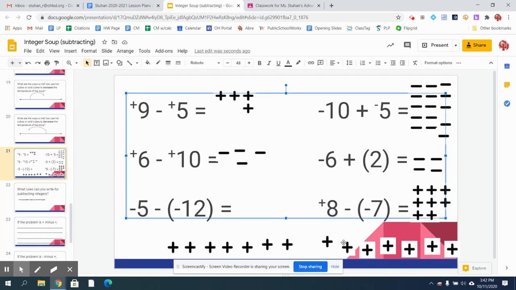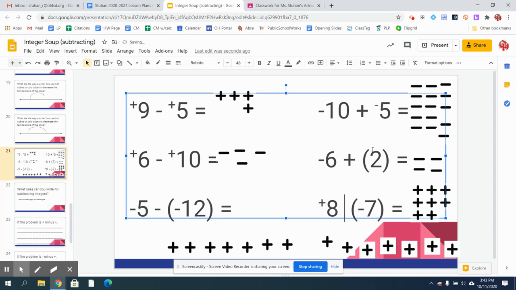And then one more example of that, if we take positive 8 or 8 hot cubes and subtract negative 7. Remember, we had to add a bunch of 0 pairs in order to get enough negatives to subtract. Well, if we had known the rule before, we could have just added the opposite.